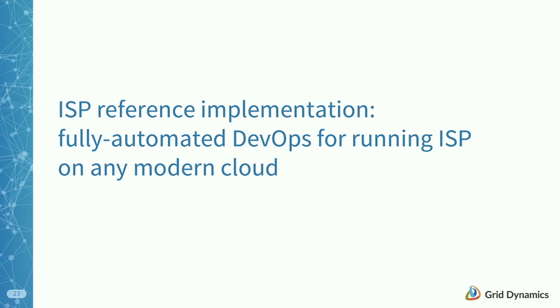And so with that in mind, let me talk a little bit now about the reference implementation. And again, if the reference architecture is more about the software stack, then the reference implementation is about the DevOps stack and how to automate all major functions related to management of your platform.